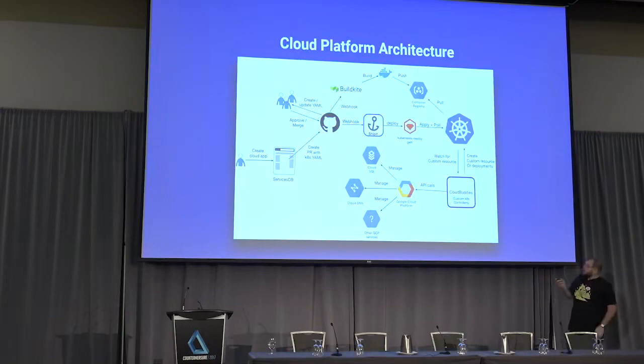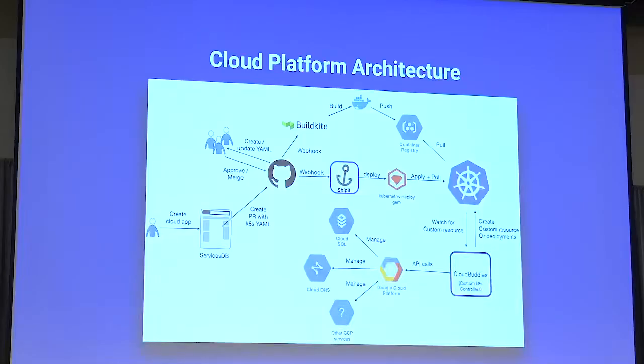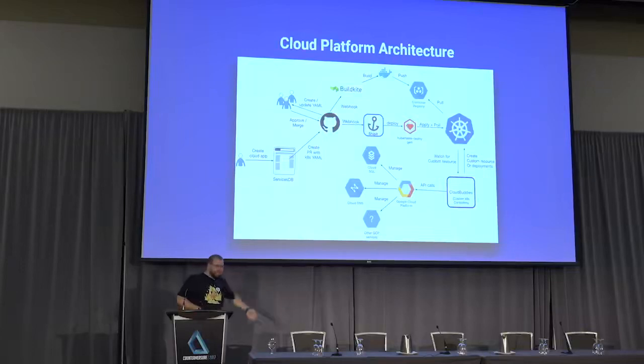So here's an idea of the cloud platform at Shopify. We have a service which you interact with called services.db, where you say, here's my repo, containing all of the source code for my given service. And we say, next, next, next. You get an automated pull request into your repository that says, hey, you want to join the cloud. Here are your Kubernetes manifests that allow you to run your workloads on our servers, which is awesome.